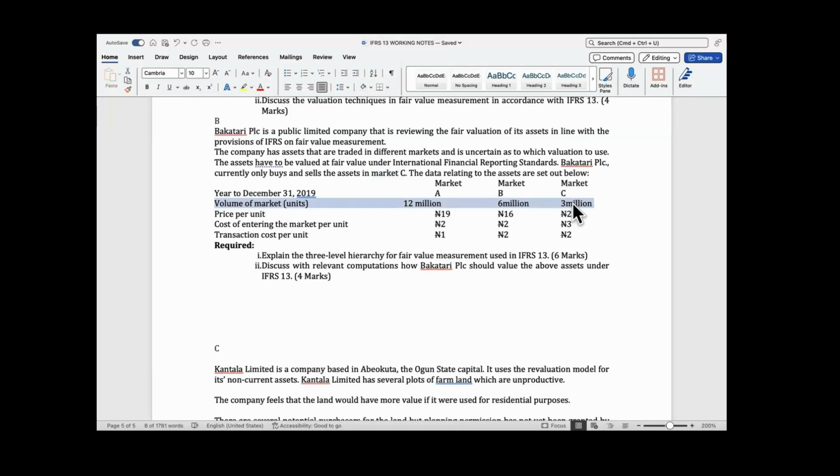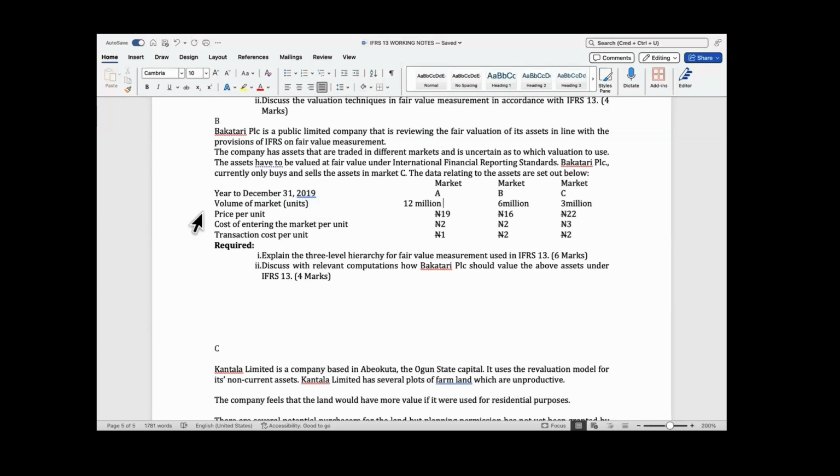Because I told you the principal market is the market that has the highest level of activity. Here now, the market with the highest level of activity is market A, since the volume here is 12 million. So it is from market A that we will determine the fair value.